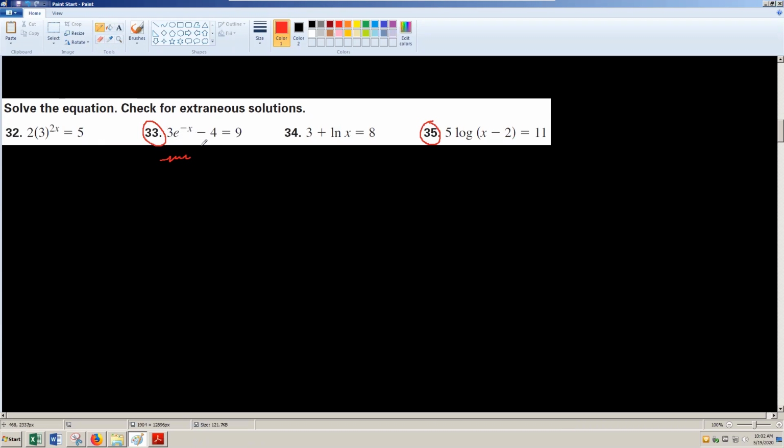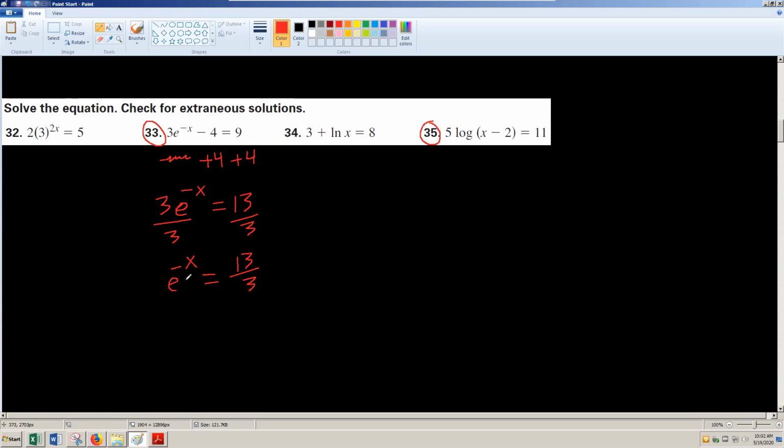To do that, I'm going to add 4 to both sides. Now I get 3e to the negative x equal to 13. And now I want to get the e to the negative x by itself, so I'm going to divide by 3, divide by 3. So now I have e to the negative x equals 13 over 3.